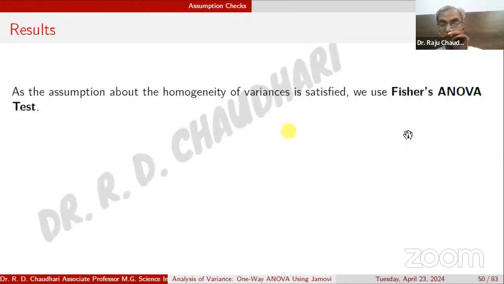For the homogeneity test, we can check either Levene or Bartlett. We can use the Levene test also, we can use the Bartlett test also. There is not that much difference; these are alternative tests.